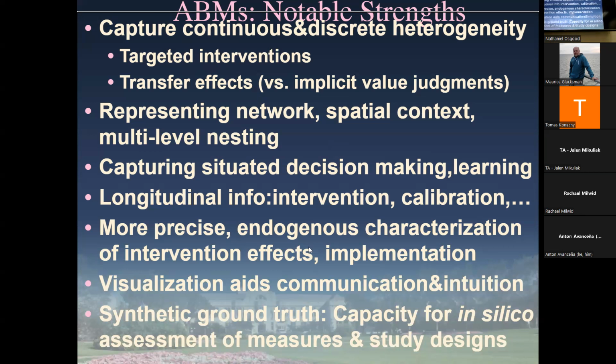What it doesn't tell you is whether it's the same people getting affected now that got infected a year ago. Is it different people? There are no individual stories here. It gives you a cross-sectional depiction of state at any one time: the number of people in the susceptible state, the number in the recovered state, etc.